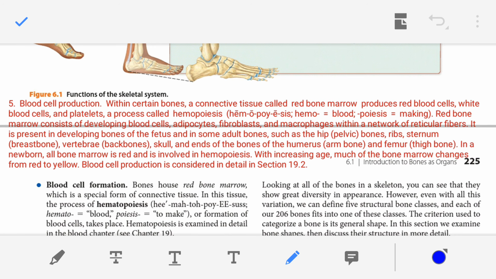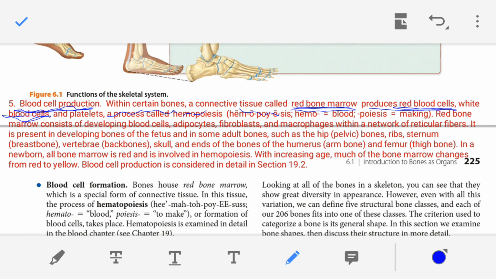Now the fifth point, blood cell production. Within certain bones, a connective tissue called red bone marrow produces red blood cells. So in our body, in certain bones, connective tissue is present, which is known as red bone marrow, and the function of red bone marrow is to produce RBCs.